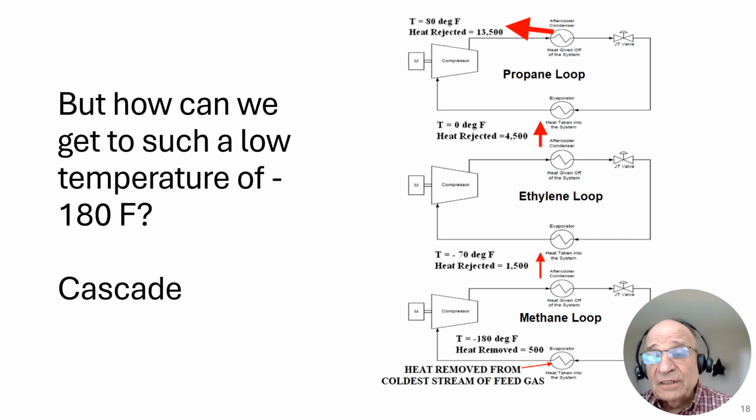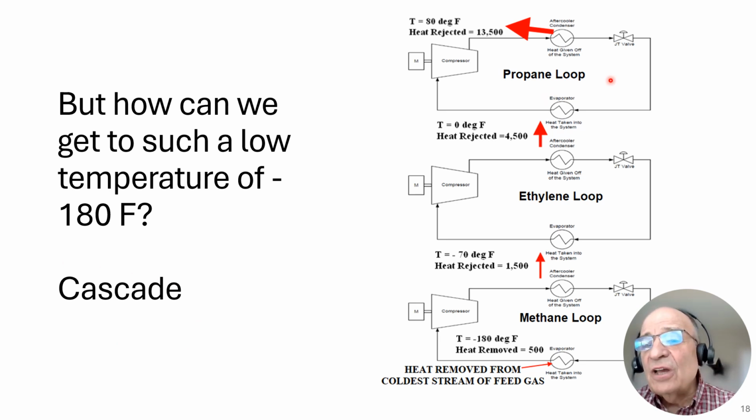But unfortunately, most of the refrigerants are hydrocarbons. Even the mixed refrigerants that you see us using later on will be a mixture of hydrocarbons. So I have a propane loop, an ethylene loop, and a methane loop. This is called a cascade configuration of a refrigeration process.